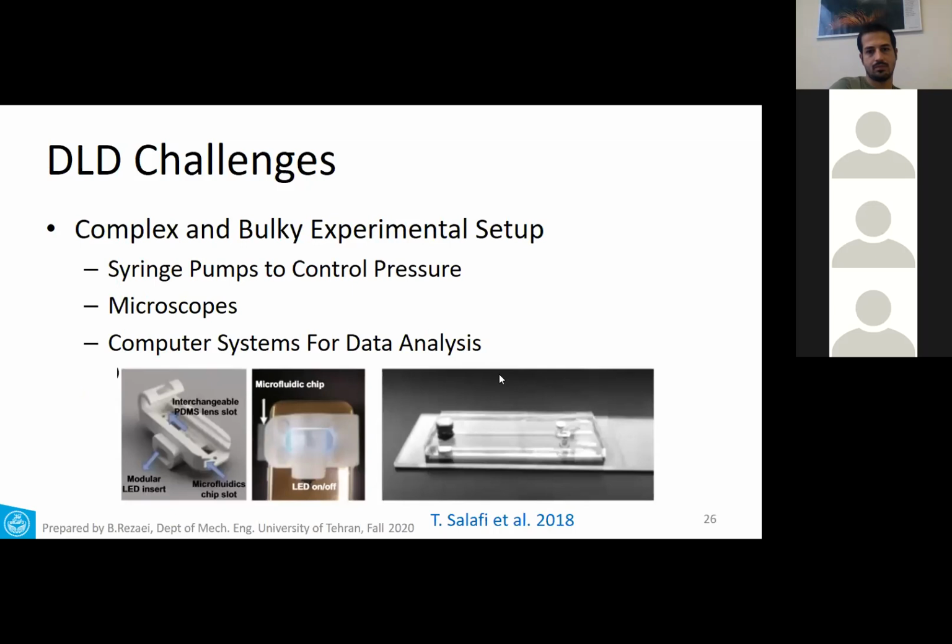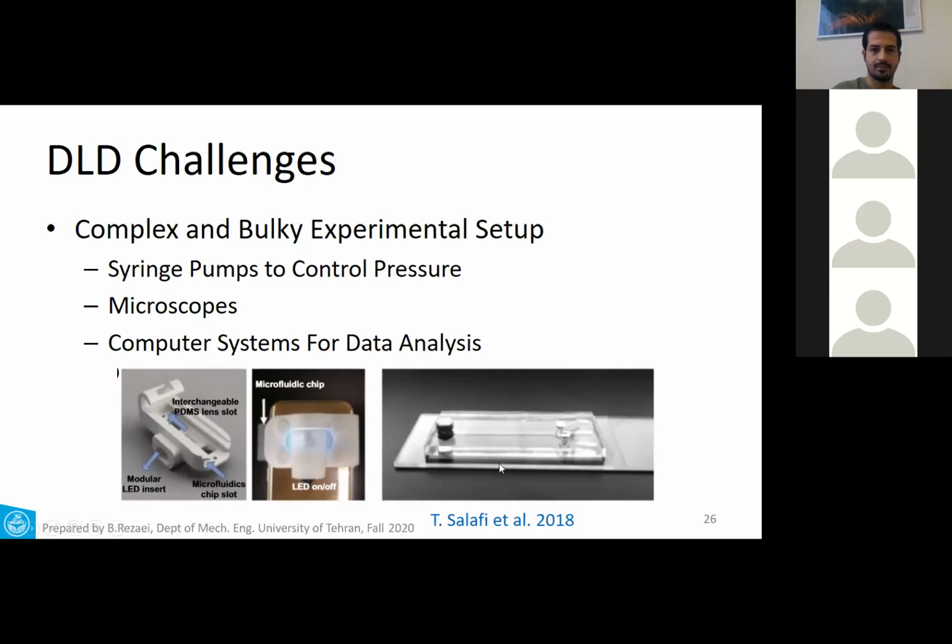So it has made the DLD still more functional in the laboratory than in the market. And I brought an image that Mr. Salafi designed, something like a cell phone, like a mobile, that can be portable and uses this microfluidic.